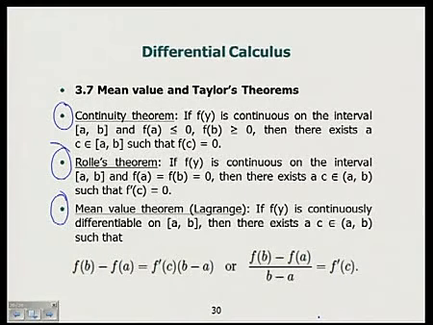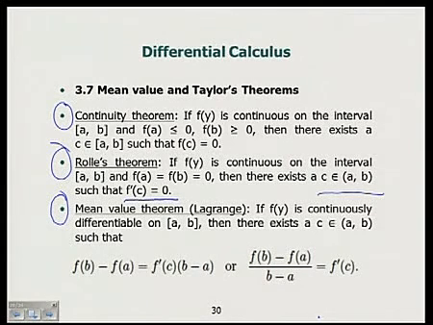Then we can see the geometric interpretation. Rolle's theorem: if f of y is continuous on the closed interval AB, and f of a equals f of b equals 0, then there exists a point C such that the first derivative of the function at this point C is equal to 0.